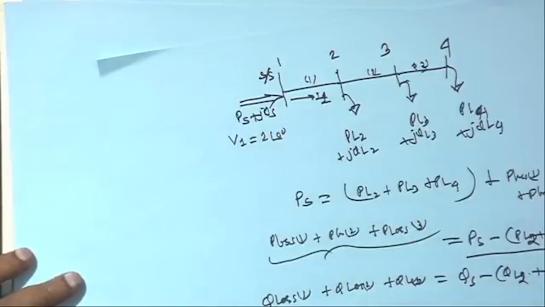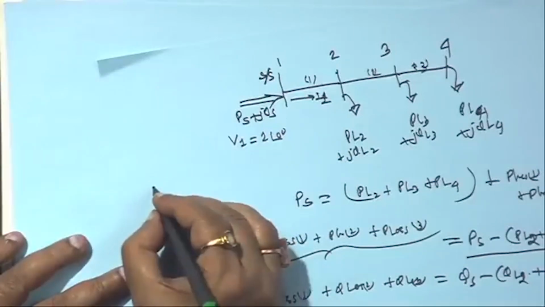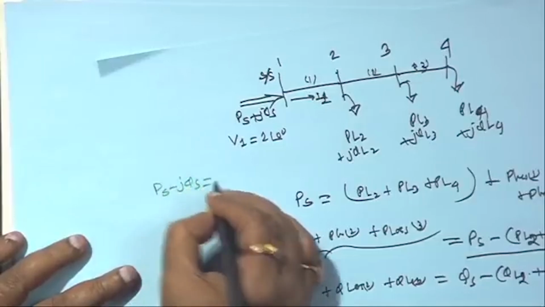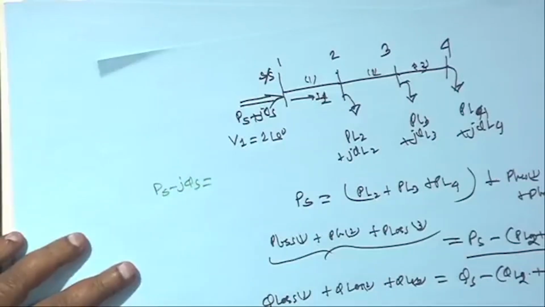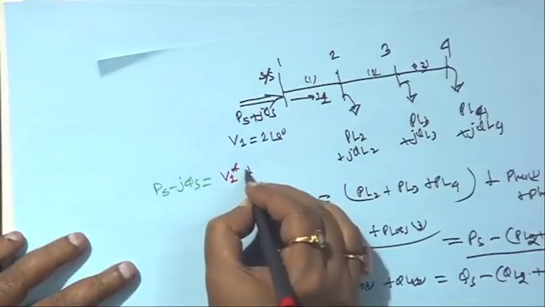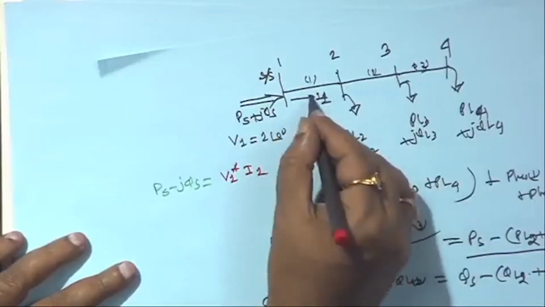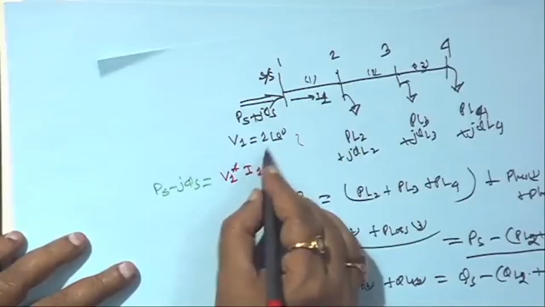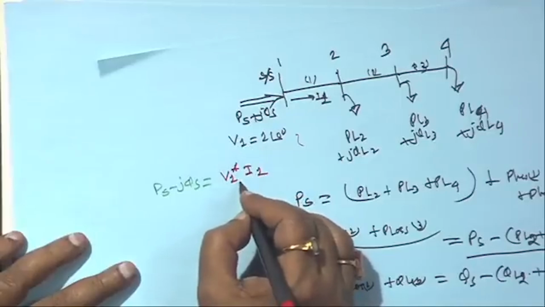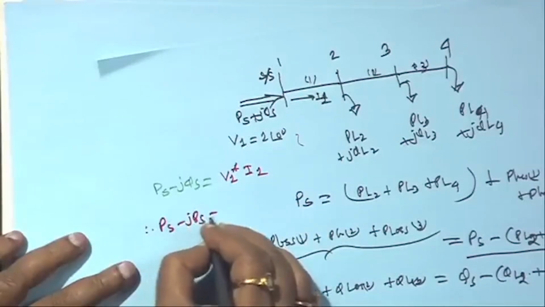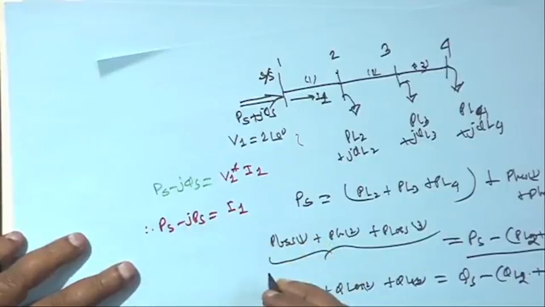Then you can write that the power injection PS minus jQS is equal to V1 conjugate times I1, the current in this branch. V1 is 1 angle 0, so the conjugate is also 1, so PS minus jQS is equal to I1.